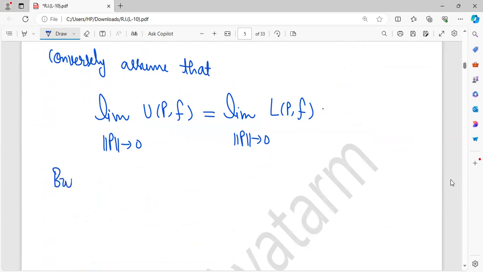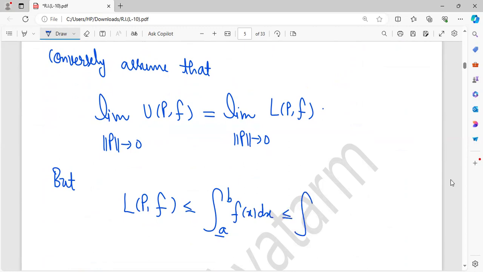But L(P,f) is less than or equal to the lower integral. It is less than the upper integral, and it is less than U(P,f).